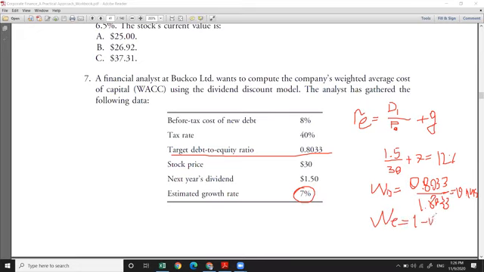And the proportion of equity is 1 minus 0.445, or there's another way of getting it, which is 0.55. Now we know the proportion of debt, proportion of equity. We know the cost of debt, cost of equity. We found it. Now we need to just substitute everything into the formula.